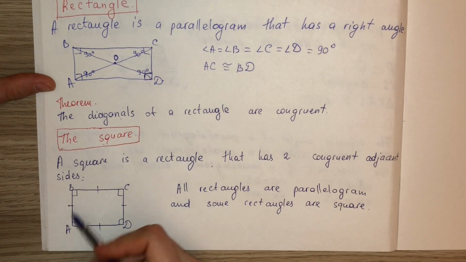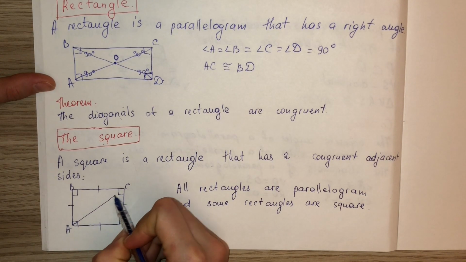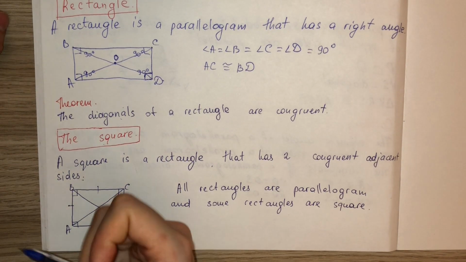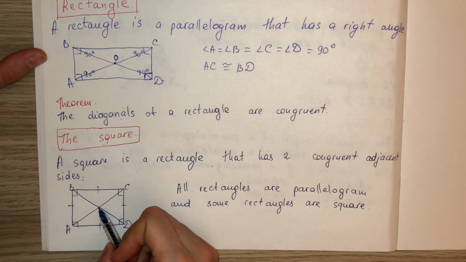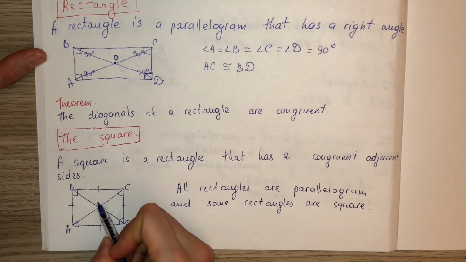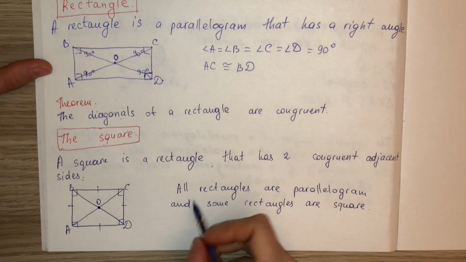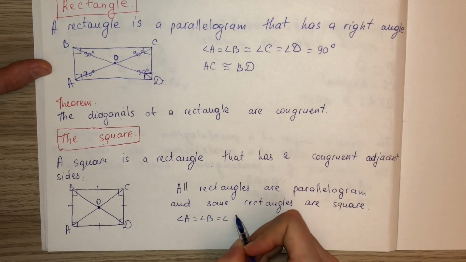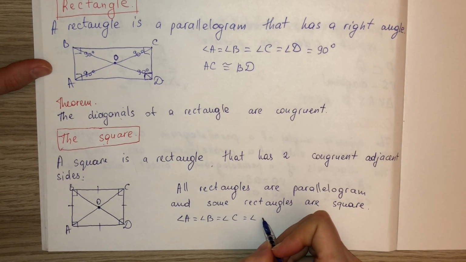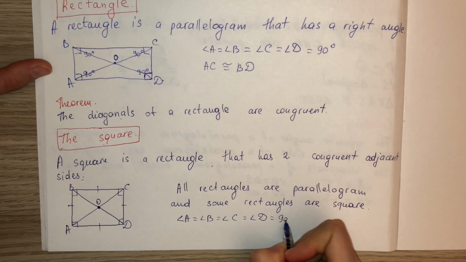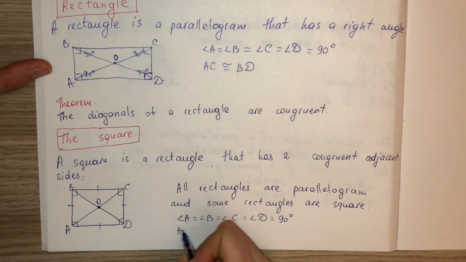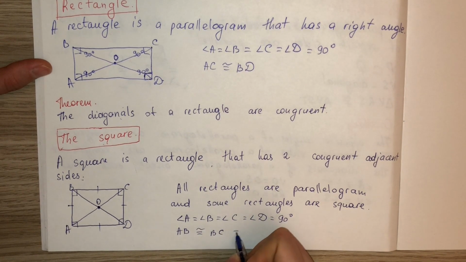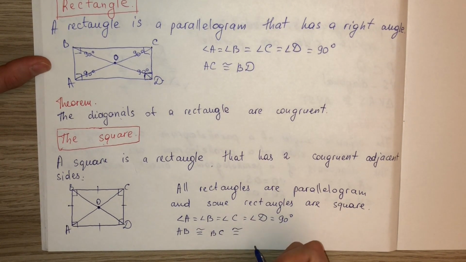And also all the diagonals of a rectangle are equal, congruent to each other, and they bisect each other. Let's write the angles are right angles, and all the sides are congruent.